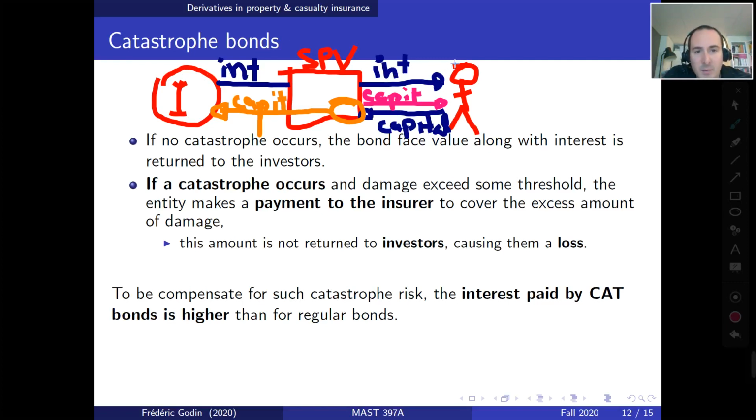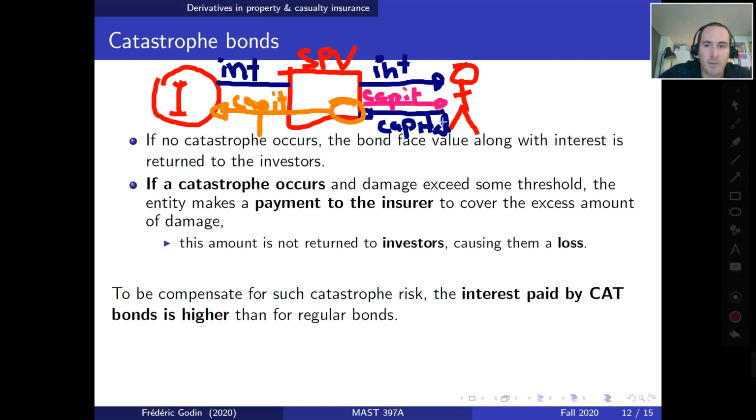So now conversely, what happens for the investor if there's a catastrophic risk? Then the investor will have paid capital and they would have received some interest rate payments and only a portion of the capital they sent. Okay, so if the portion is small, let's say they receive only back 20% of the capital they initially gave to the SPV, then the investors will lose a lot of money from that deal.